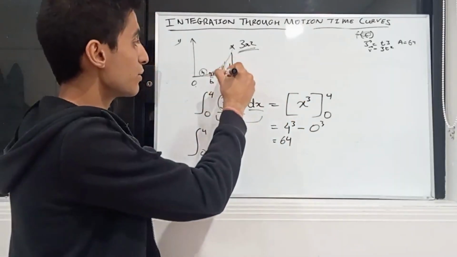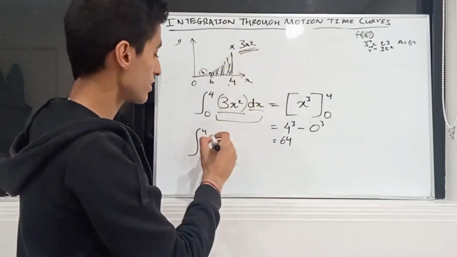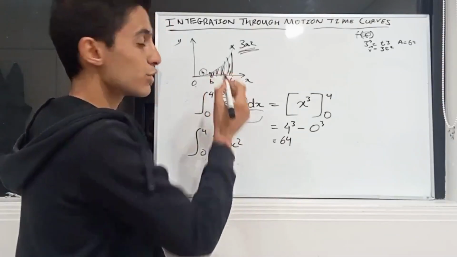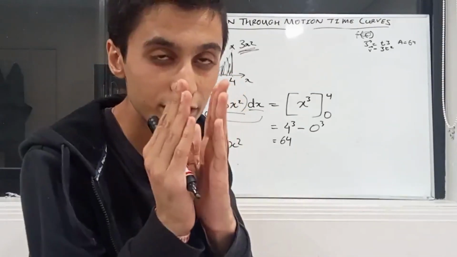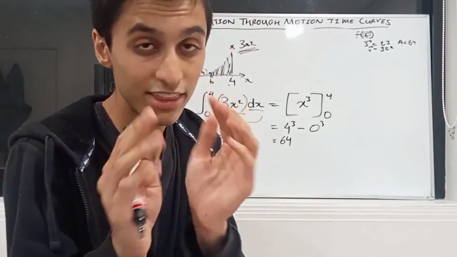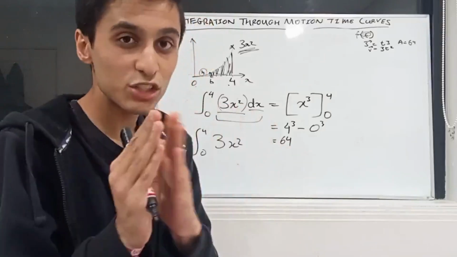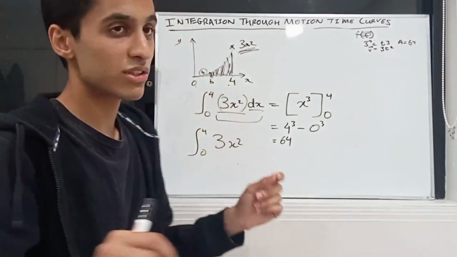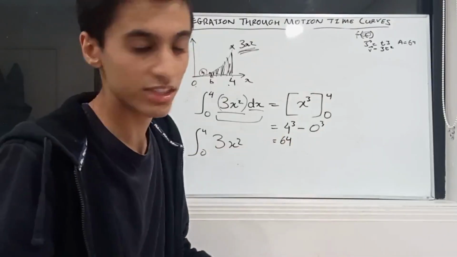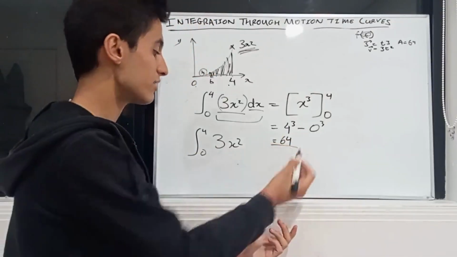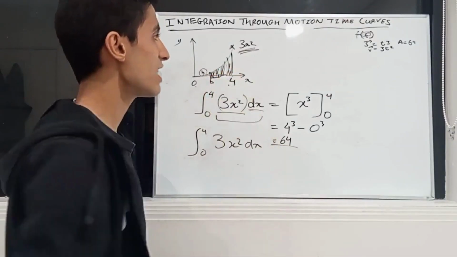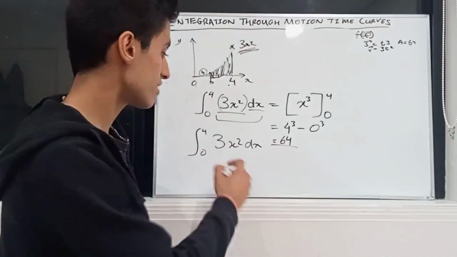So your height in all of these cases is given by the function 3x squared, and your base, what you're doing essentially is creating really tiny values of x, in which you can create really small rectangles. It's technically really small rectangles, but it's just integration, and it gives you the right answer. So 3x squared and then dx, which is your really small changes, and that's what this means.